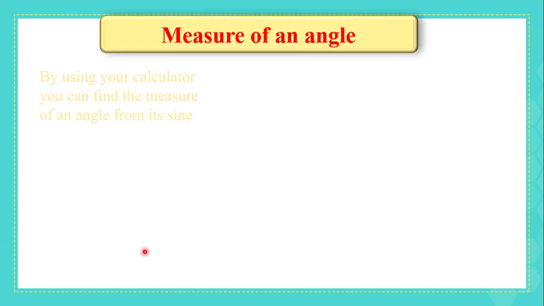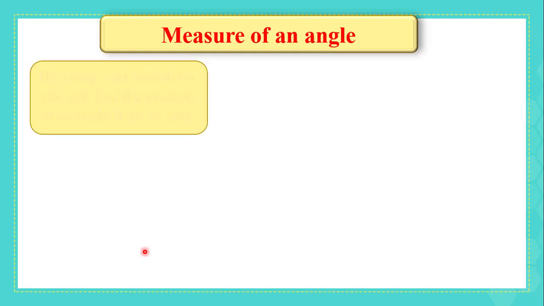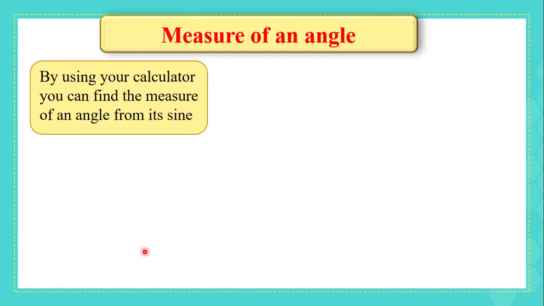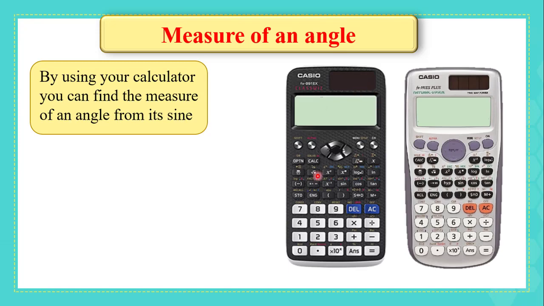Also, by using the calculator, we can find the measure of an angle from its sine. This is the calculator. To find the measure of an angle in the case where we have the sine of this angle, we need to press first on the shift button, then we press on the sine button. Then we write the value of the sine of the angle to obtain the measure of this angle.